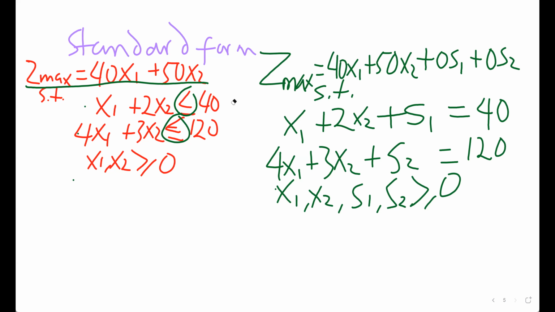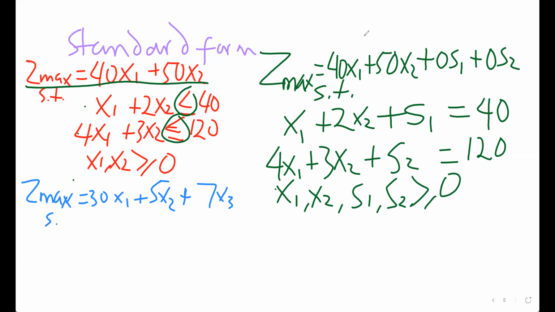This is an equation that I want to give you. The question says Zmax is equal to 30x1 plus 5x2 plus 7x3.